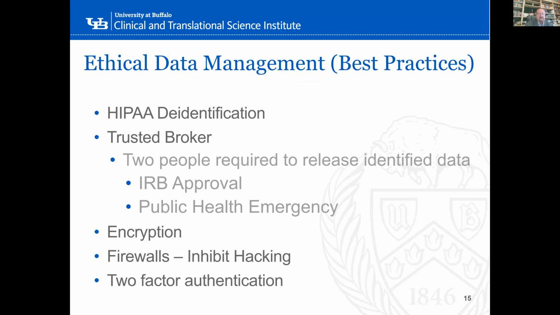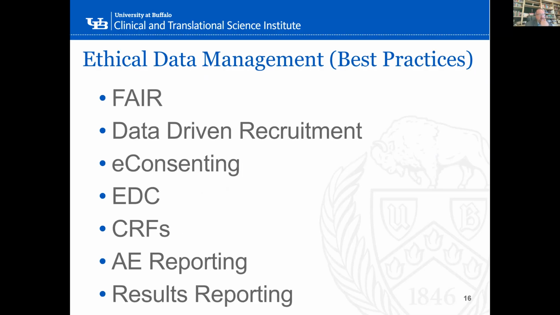Encryption, firewalls that inhibit hacking, and two-factor authentication, which we have at UB. And we'll talk about FAIR data principles, data-driven recruitment to clinical trials, e-consenting, electronic data capture for clinical trials, case report forms for clinical trials, adverse event reporting, and then results reporting in general.